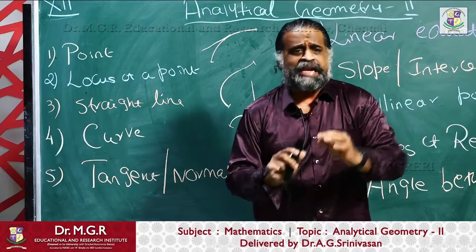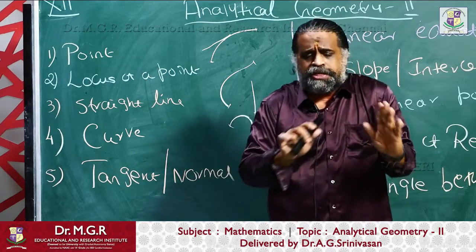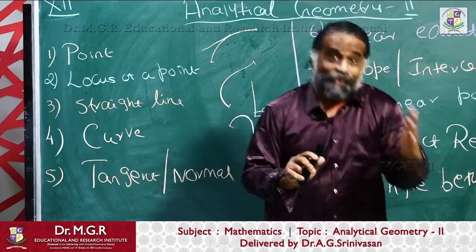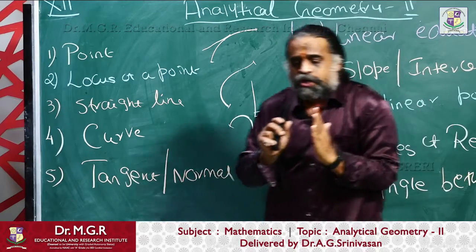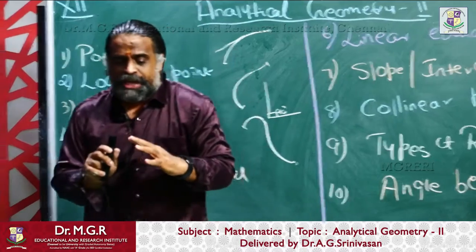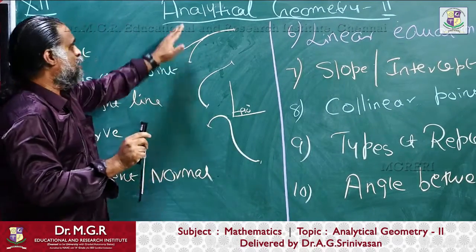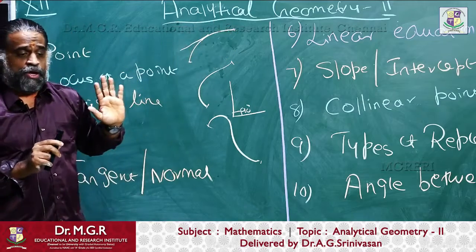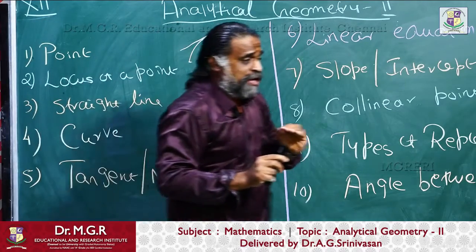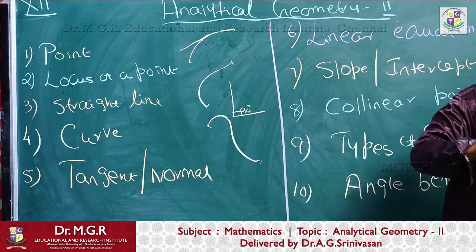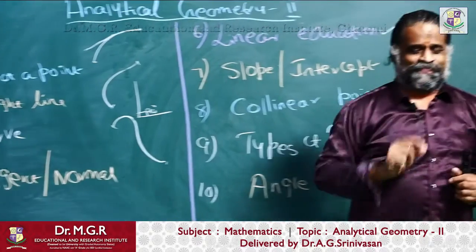Point, line, angle, they were all discussed geometrically. But we will not talk about the geometry, we talk about the algebra behind the geometry in this particular subject. So it's the right time to introduce a straight line non-geometrically.